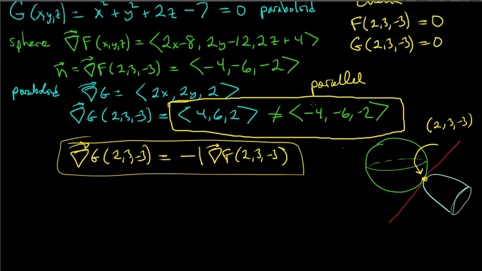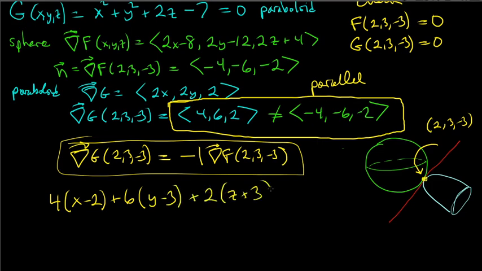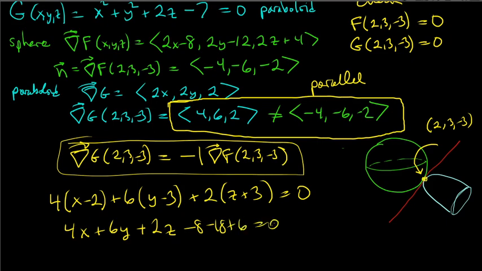Oh, and what is that tangent plane? Well, now you can just find the equation of that plane very easily. And multiplying it all out, so negative 8 minus 18 plus 6.